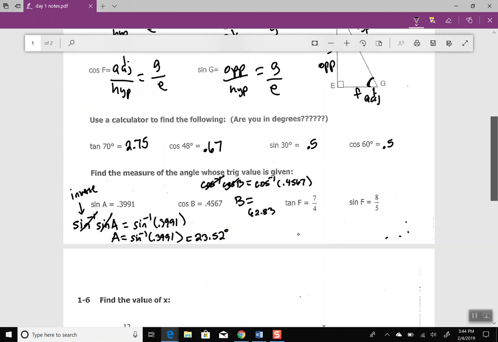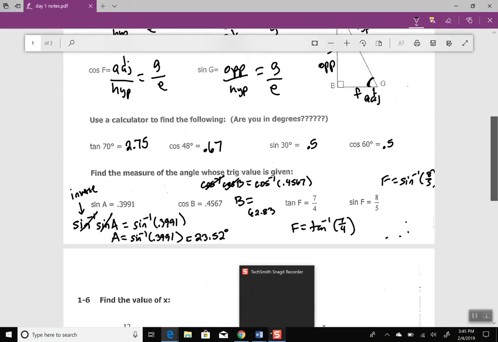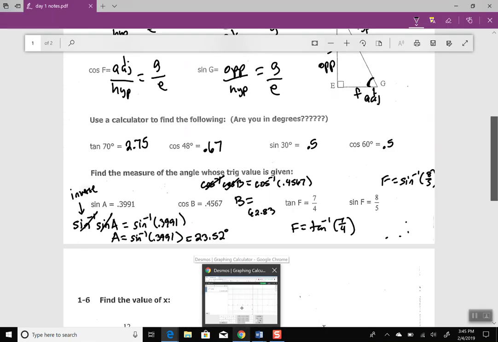Inverse tangent. So F is going to equal the inverse tangent of 7/4. And F is going to equal here the inverse sine of 8/5. I think one of these is going to be special. We'll see.